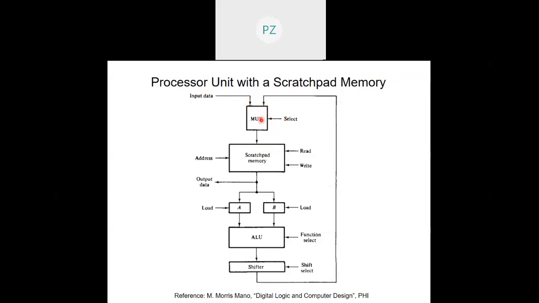So accordingly, this multiplexer will direct data, and the scratch pad memory will store it by the address supplied over here. So this is how the scratch pad memory is going to replace the register file given in the previous block diagram. But I need to give addresses, I need to give read write controls correspondingly. Rest of the things more or less remain the same.